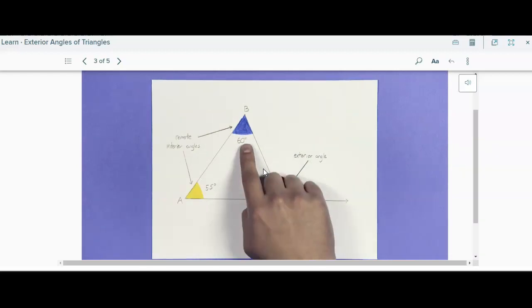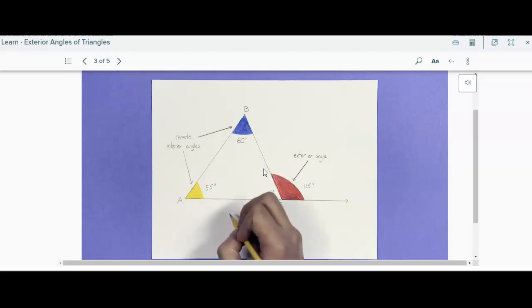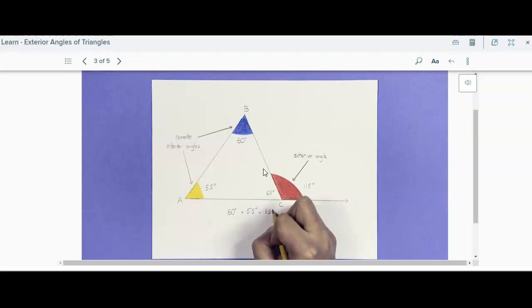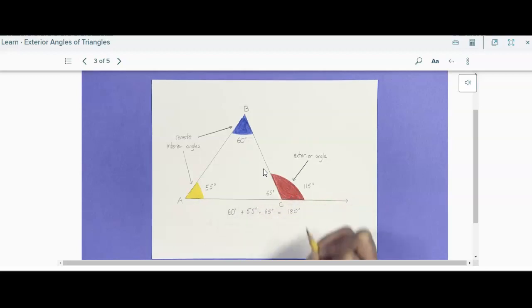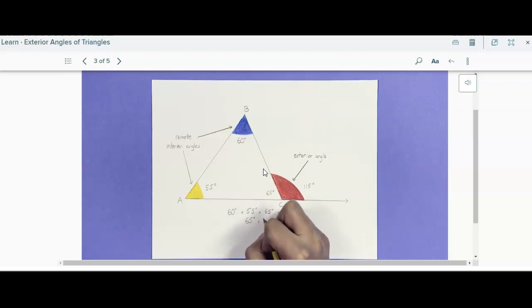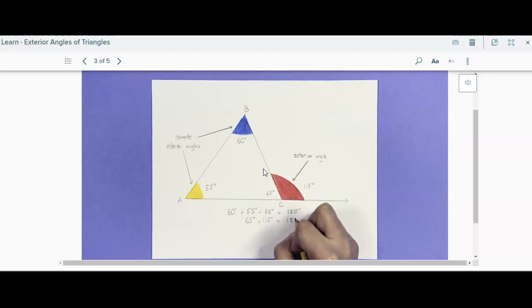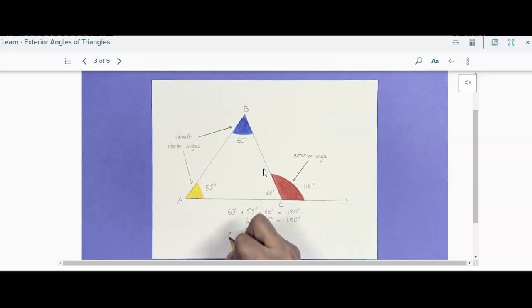You know that the sum of the measures of the interior angles is 180 degrees. You also know the sum of the measures of supplementary angles is 180 degrees. Since both of the equations equal 180 degrees, we can set them equal to each other.